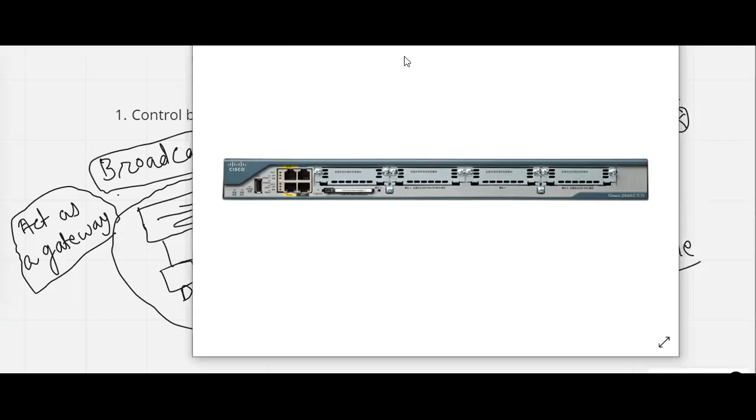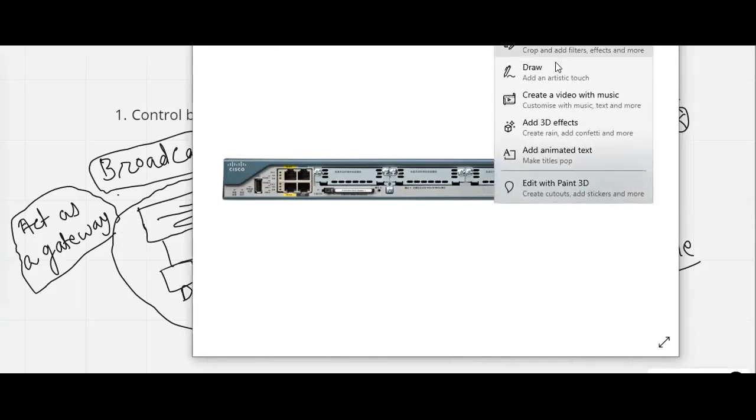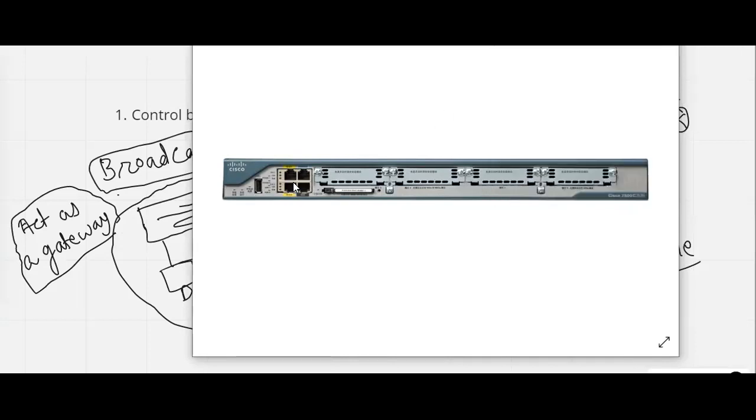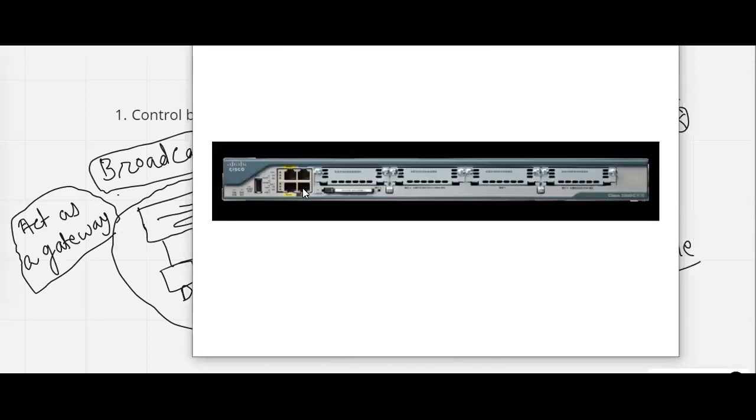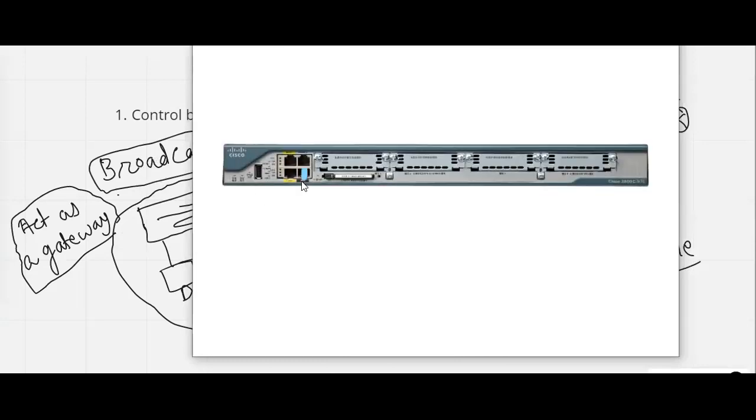This is one. यहाँ पे एक पोर्ट है, यहाँ पे एक पोर्ट है. ये क्या है? फास्ट इथरनेट पोर्ट. It allows us to connect your local area network. And this is a WIC port.